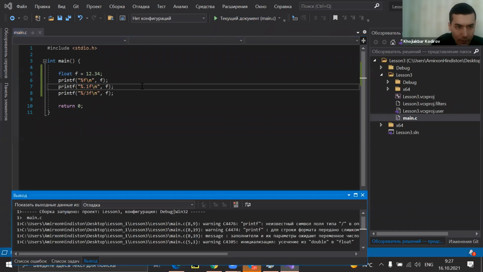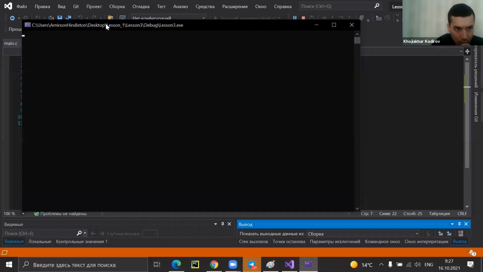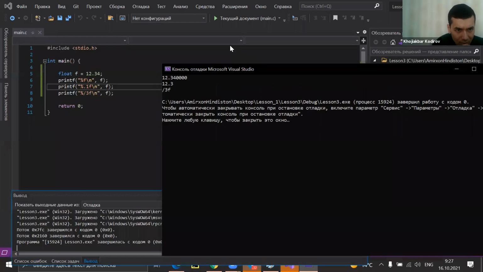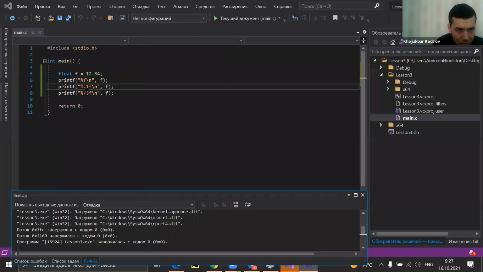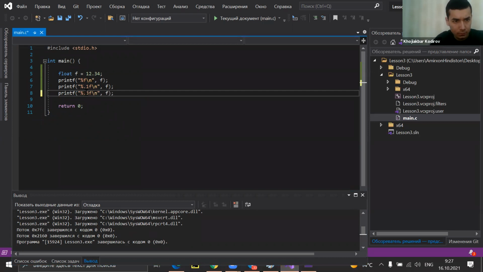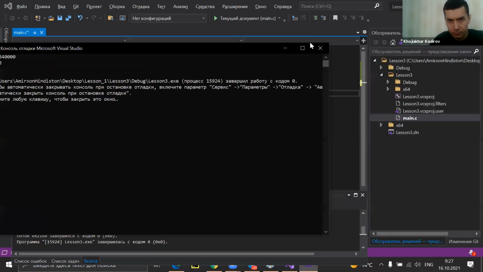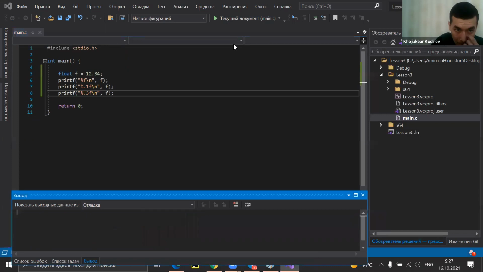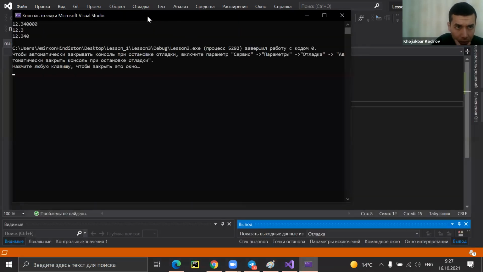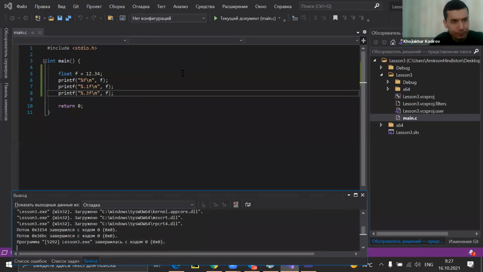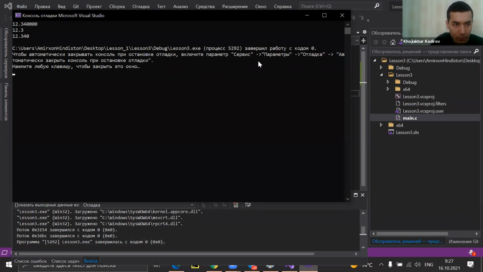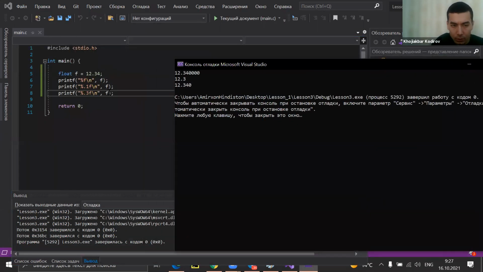Okay, look guys, sorry, I have a lot of typos. Here I'm getting the number which I wrote. You see, everything's clear. When I write point 1, I'm getting just 1 decimal in the floating point. I'm getting 3, not 4.